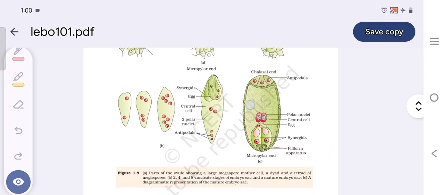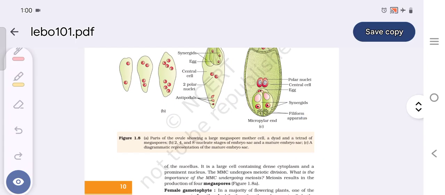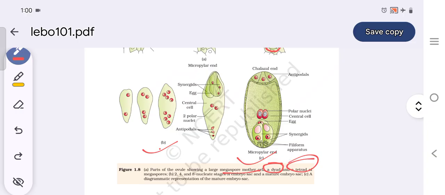Now, what happens there is further division. You have this diagram B and C, very important diagram. A large megaspore mother cell, what we said now, is dividing into a dyad and then a tetrad of megaspores. Now, this diagram tells you this is an embryo sac.